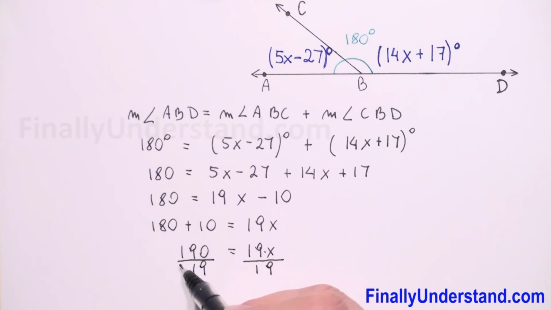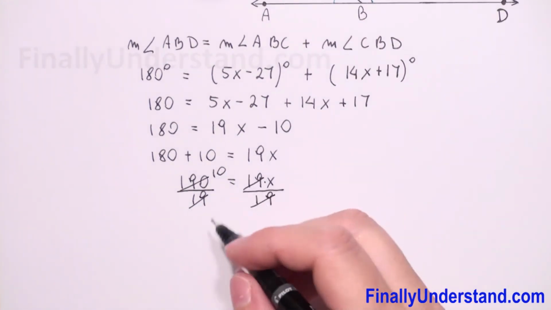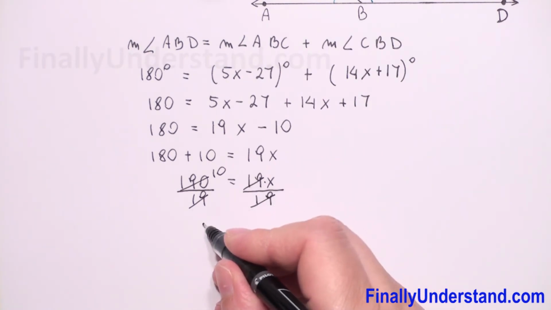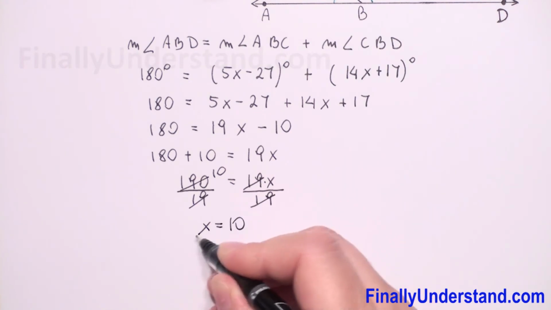So 190 divided by 19 is 10. 19 and 19 we can reduce, and we have 10 equals x, so we can change the sides and we have x is equal to 10.